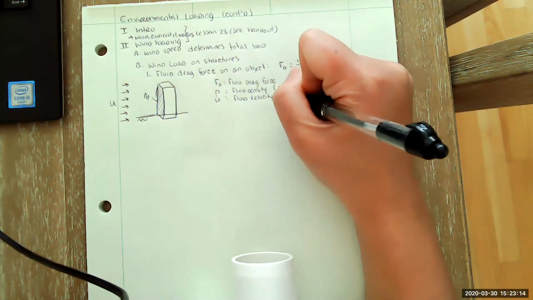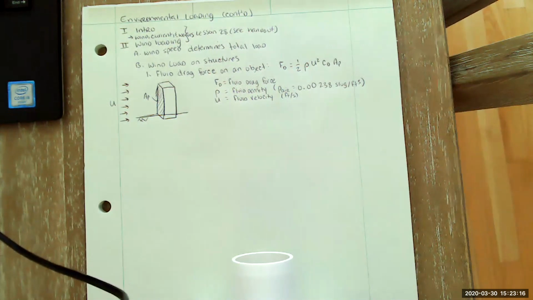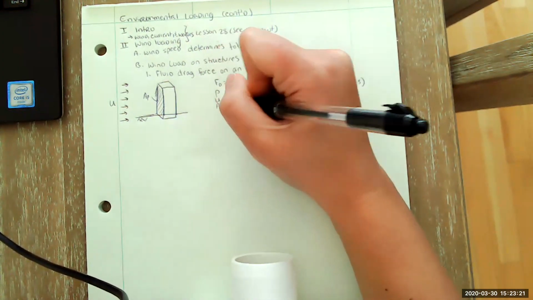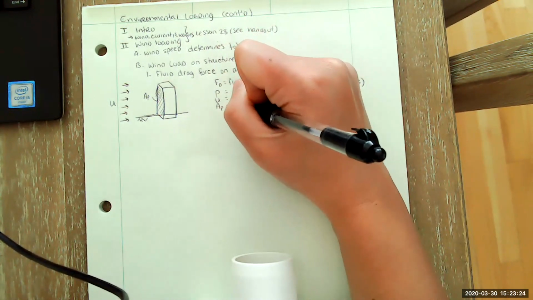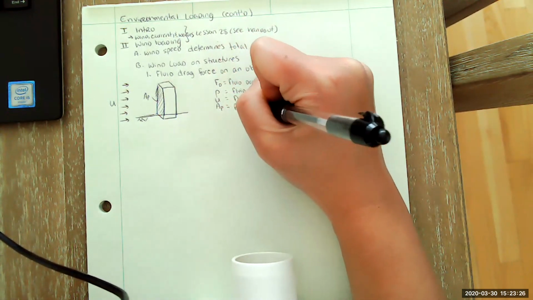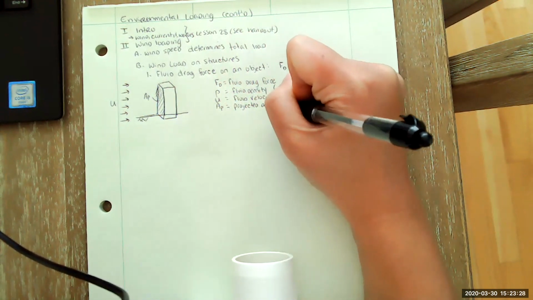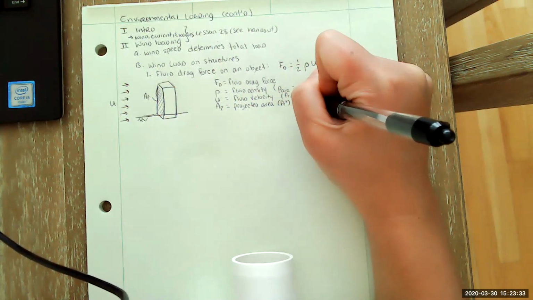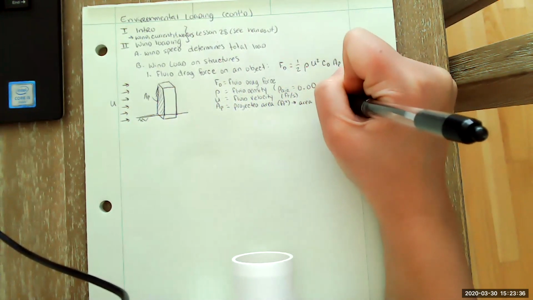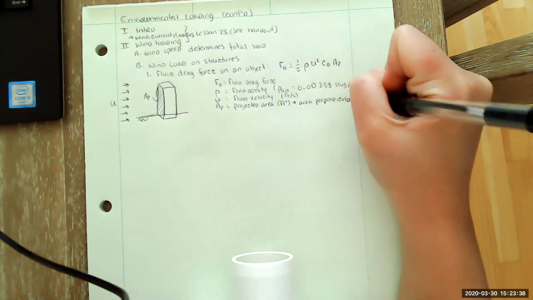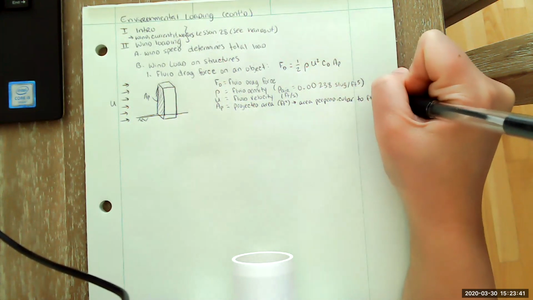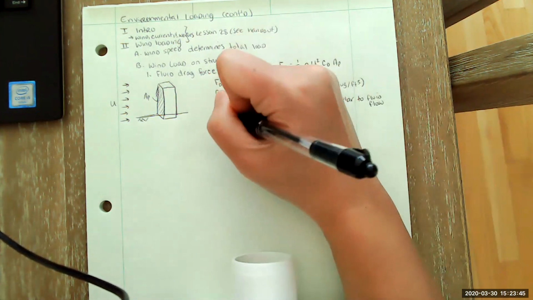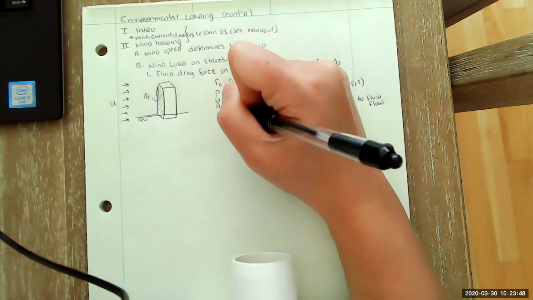Again, we'll probably be working in English units since we're doing a lot of API checks, in feet per second. A sub P is equal to the projected area, so this will be in feet squared, or a unit of length squared. Note that this is the area perpendicular to the fluid flow. And then finally, C sub D is equal to our drag coefficient.